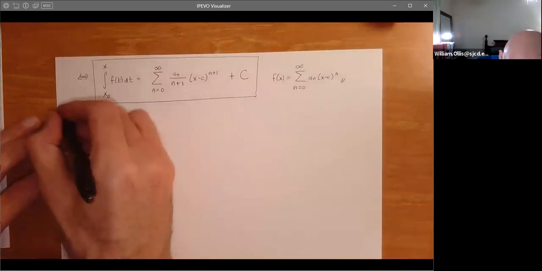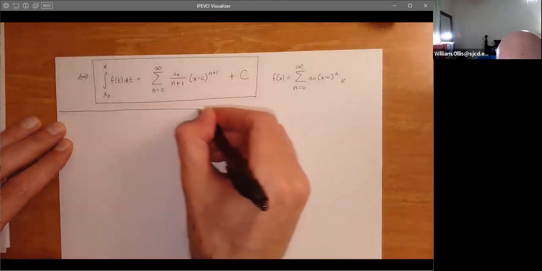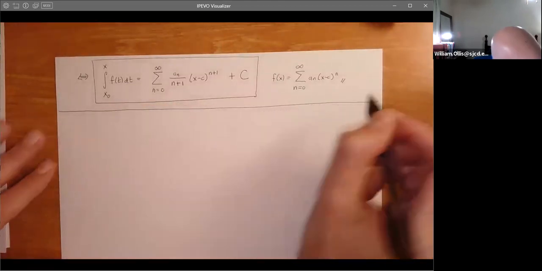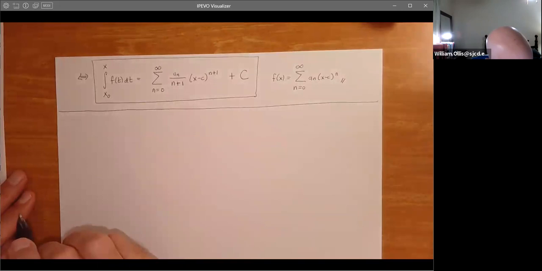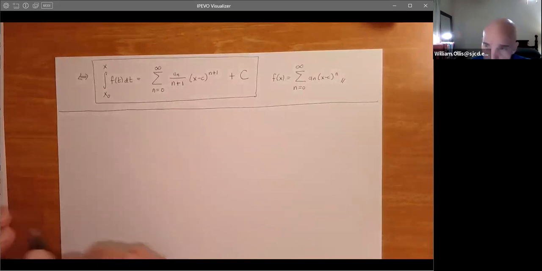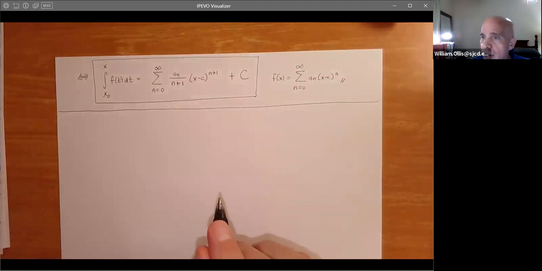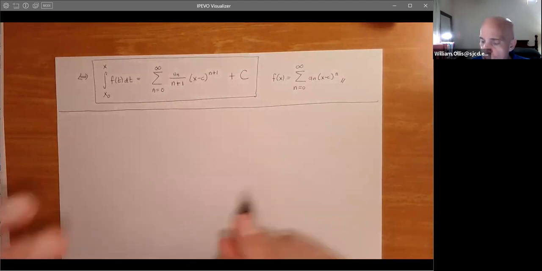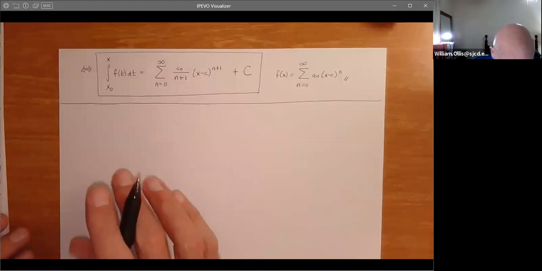So let's apply this. For the next series, we want to integrate it and differentiate it. But since we know that R does not change, we'll look at the original series to figure out what R is.